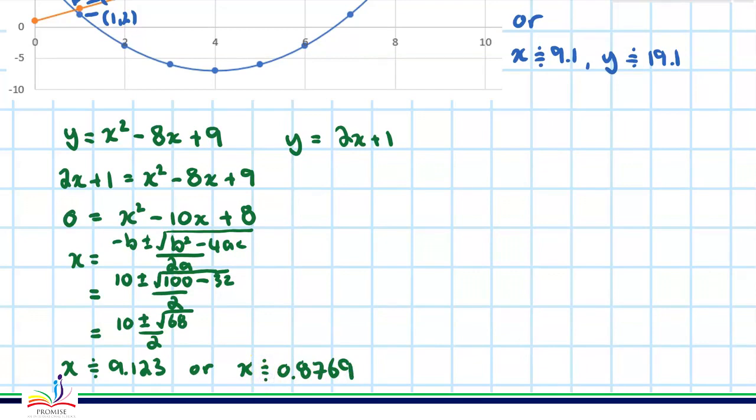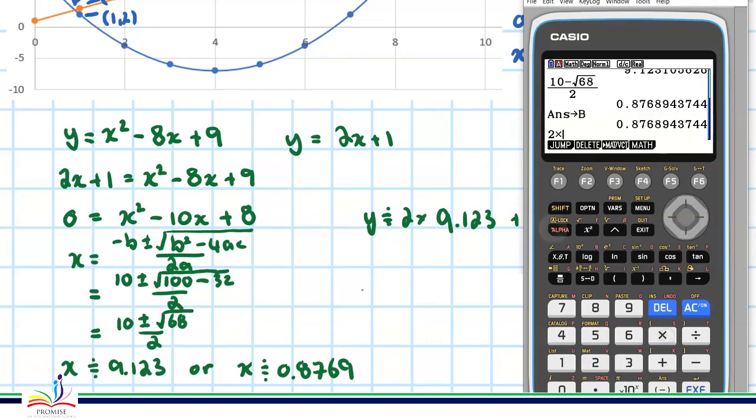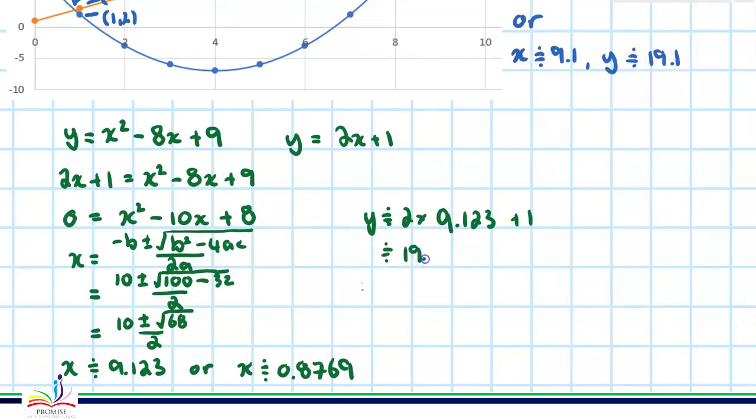All right, and we need y values, right? So we can take those x values and put them into any of the original equations to find out what the y values are. Obviously, one of those is a lot easier to put the x ones in, and that's y equals 2x plus 1. So we're going to put our x values into that one to find out what the y values are. y is equal to 2 times 9.123 plus 1, but I'm going to use the whole amount on my calculator and get 19.246 approximately.